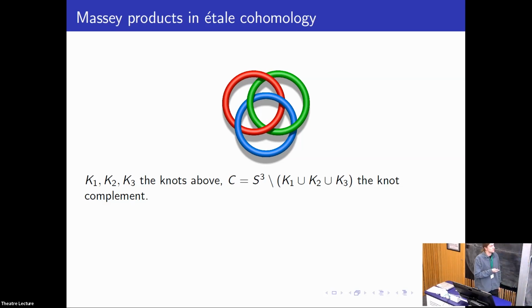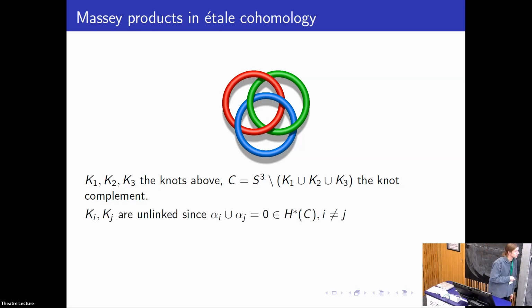What does it mean for them to be unlinked in the world of cohomology? Well, all of these knots give cohomology classes here, and they're unlinked since the cup product of those is zero. This is like the zero linking numbers.